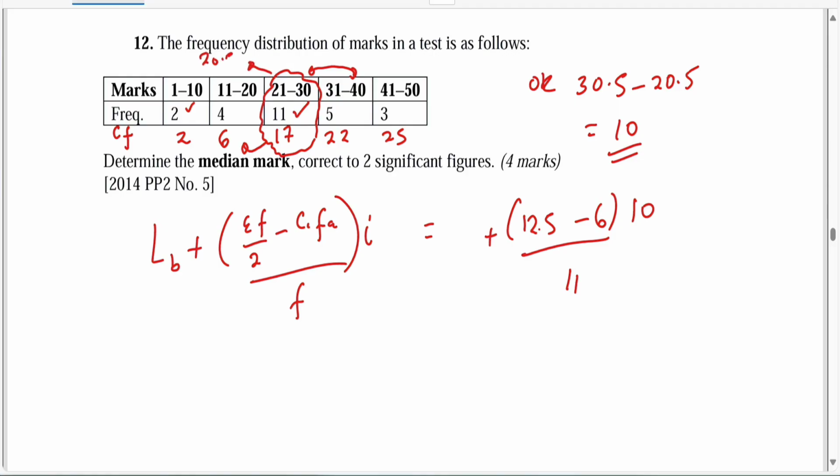So 20.5 plus 12.5 minus 6, which gives us 6.5, times 10 divided by 11.